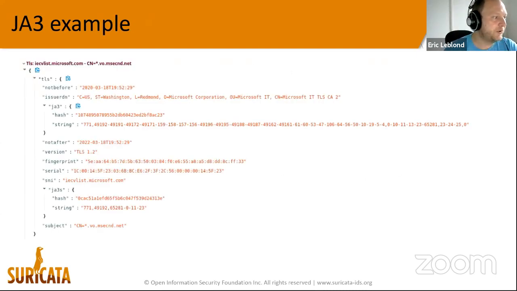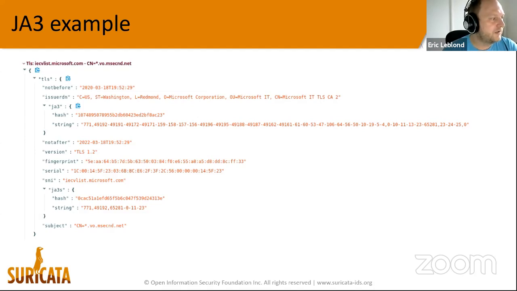So the JA3 example, we are taking the same example as before. We have the JA3 string that you can see starting with 771. That is a long string, and in fact, it's just a series of parameters using the identifier of the message in the TLS connection. This is the one that was found significant to identify the TLS implementation.